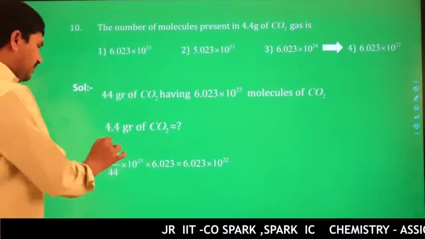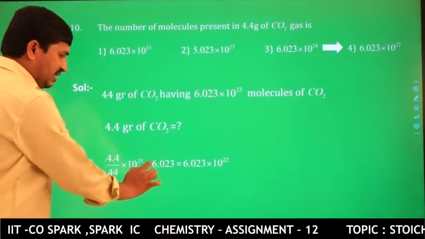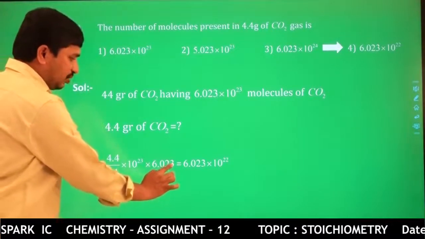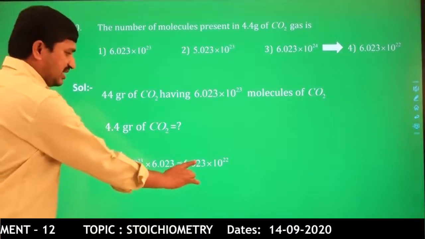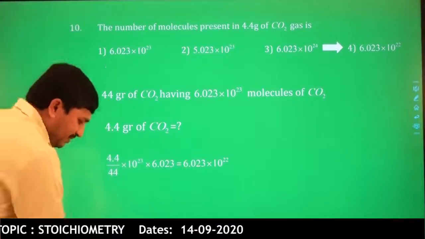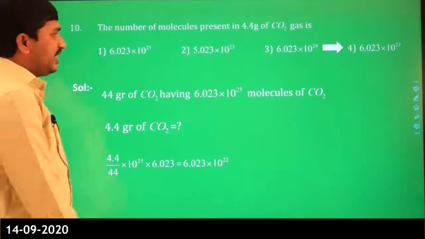Like here, 4.4 by 44 into 6.023 into 10 power 23. Got it? You simplify this, and you get the answer 6.023 into 10 power 22 molecules of CO2. That is the answer.